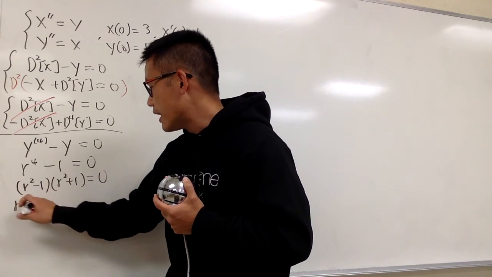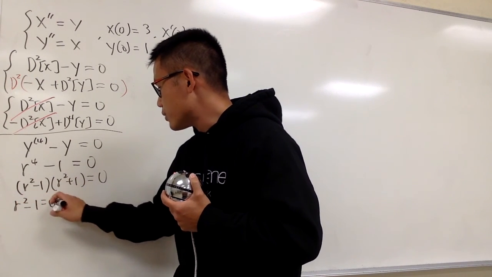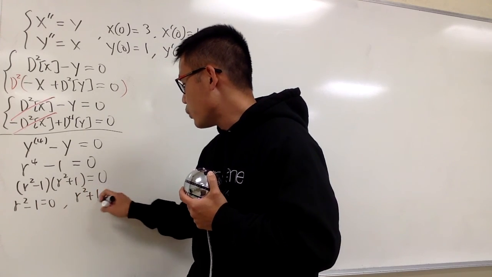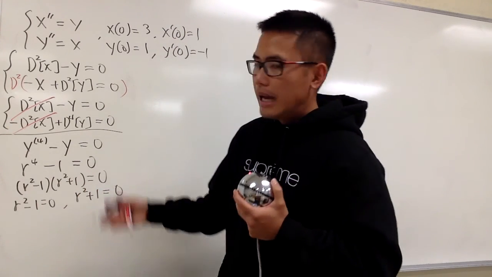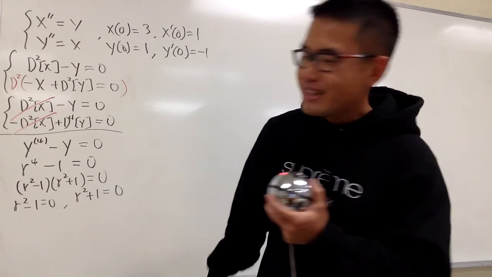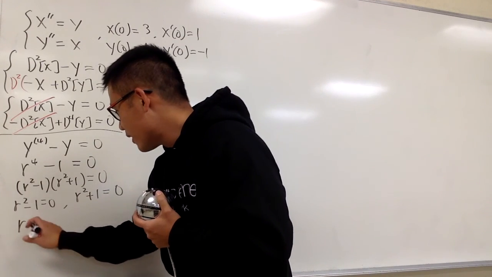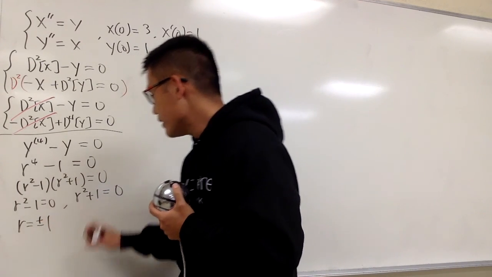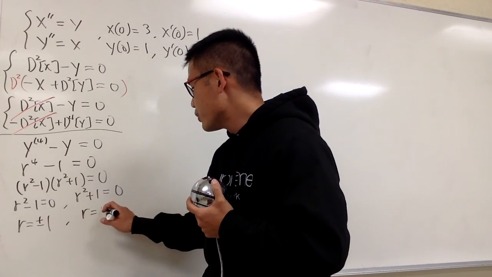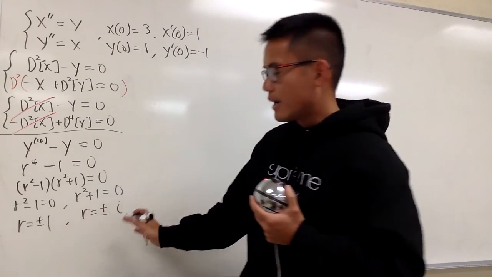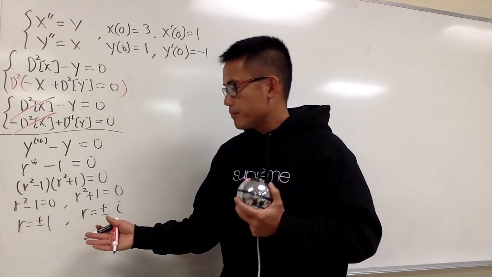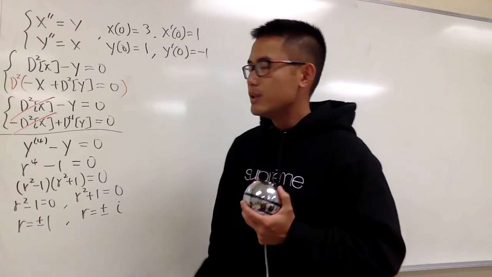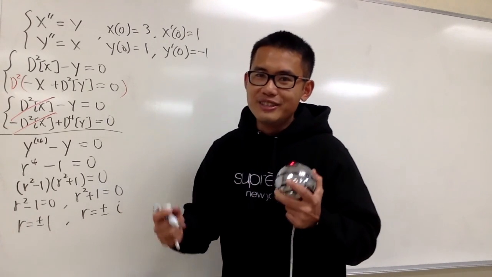And then let me just say r squared minus 1 is equal to 0, and then r squared plus 1 is equal to 0. I'm doing it this way because I know you guys can handle it, and you will see r will be plus or minus 1, and from here you get r is equal to plus or minus i.